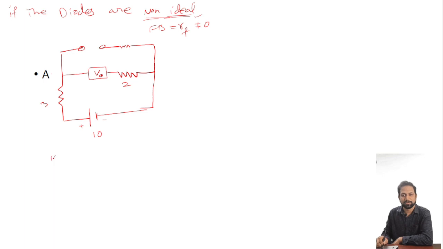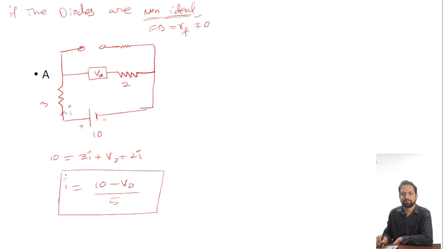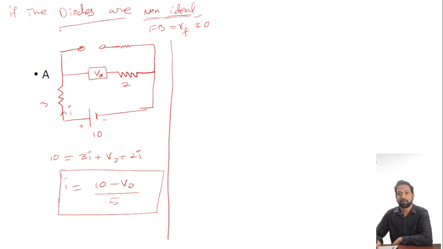Then the supply voltage 10 volts equals 3I plus V naught plus 2I, where I is the current through this. Then I equals (10 minus V naught) by 5. What is V naught? It is the threshold voltage, right? This is case 2 when the diodes are non-ideal. I hope you got it.